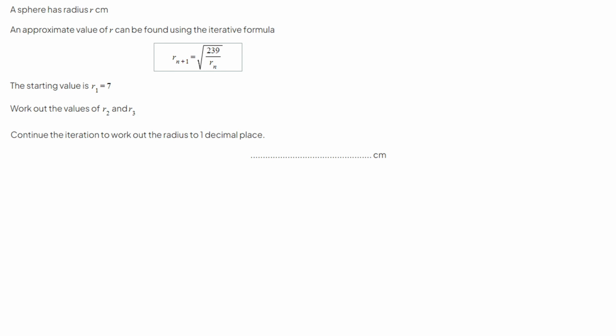Well, if you learned anything from the last example, we can say that R2 is equal to the square root of 239 over R1. And we know what R1 is equal to. R1 is equal to 7. So R2 is simply going to be equal to 5.84.